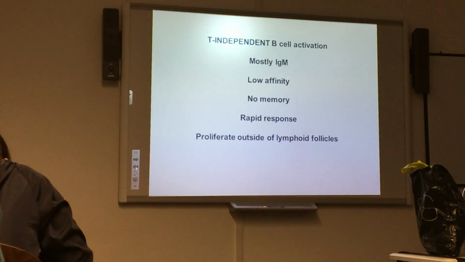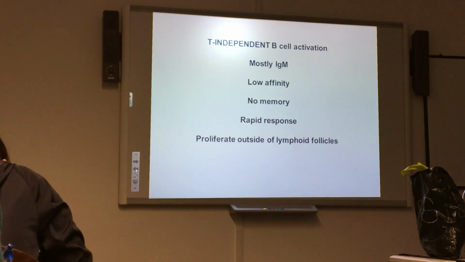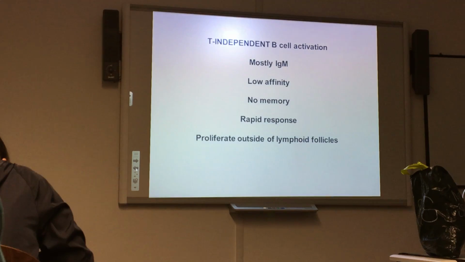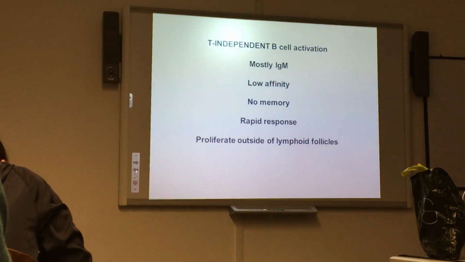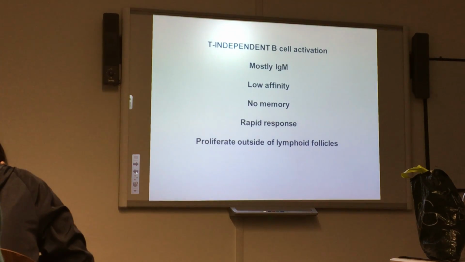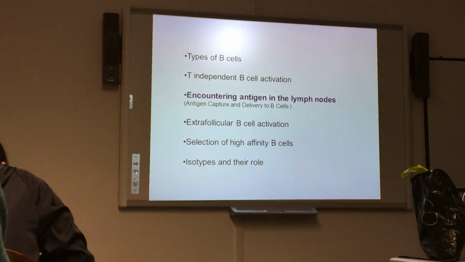But it will be a rapid response against the antigen. And it's very important that this activation occurs outside of the follicles. So extrafollicular activation is the T cell independent activation.